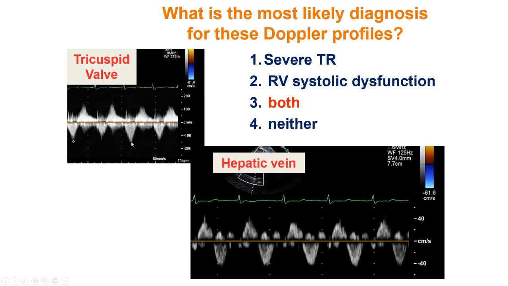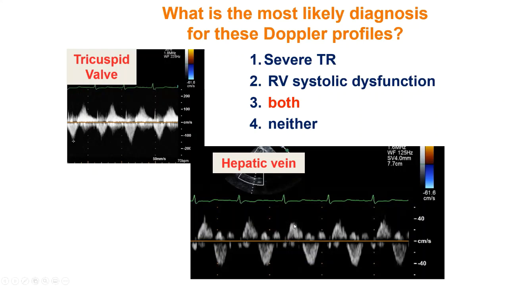It's also relatively low velocity, which is a bit more of a complicated explanation, but there is spectral broadening, meaning this tracing is filled in. Even if it is CW, it's still very bright. So you get a lot of information from this signal that you have RV dysfunction and you have significant tricuspid regurgitation. And that is supported by the hepatic vein tracing.